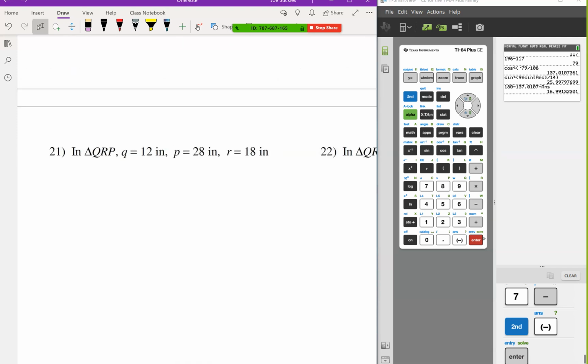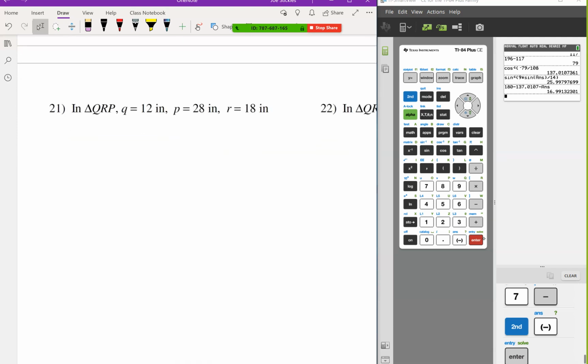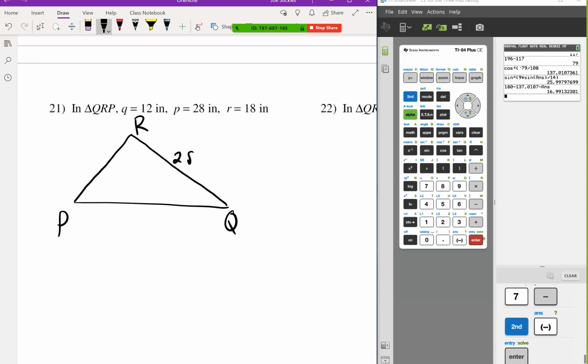Let's look at this one for QRP. I'm just going to label them this way because I like it better in alphabetical order. So PQR here. The side P, which is the one that's opposite angle P, is 28.